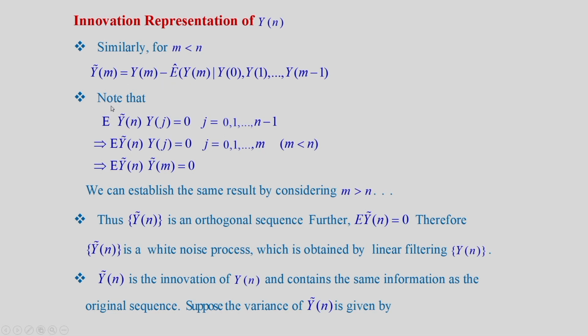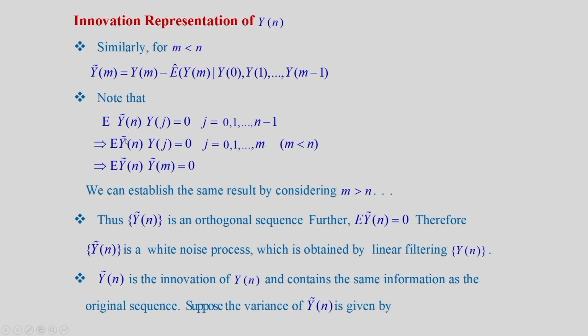Now, we can show that E of y tilde n into yj is equal to 0, j equal to 0, 1 up to n minus 1, because error is orthogonal to data. So, all past data will be orthogonal. Similarly, y tilde n will be orthogonal to yj up to n minus 1. So, if we take some m which is less than n, then also this relationship will be true.